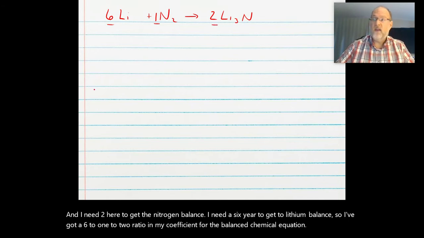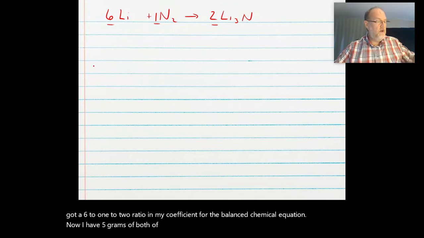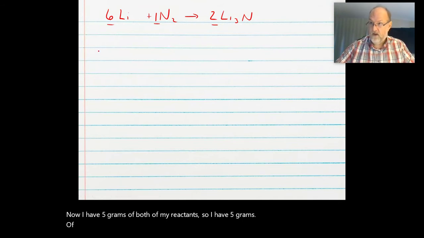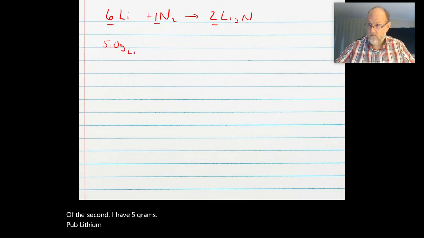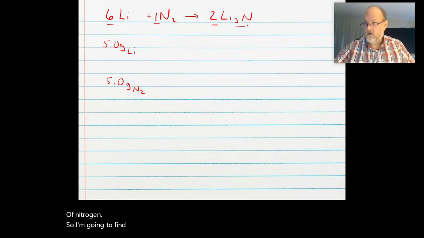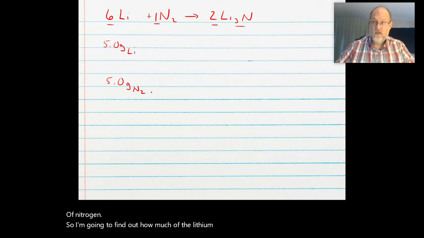Now I have 5 grams of both of my reactants. So I have 5 grams of lithium, and I have 5 grams of nitrogen. So I'm going to find out how much of the lithium nitride I could make, starting with 5 grams of each.